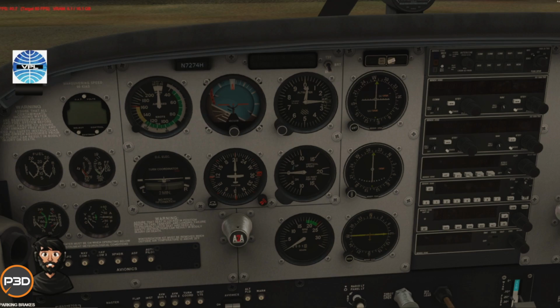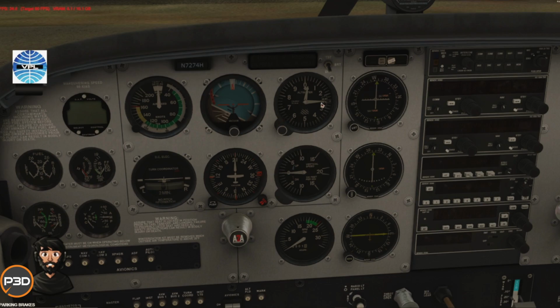Now, one thing to note is that every aircraft, no matter what you're flying, has 3 basic instruments that are all the same, maybe 4. Actually, probably about 6 that are all the same. No matter if you're flying a jumbo jet, a 787, or a 172 like we're flying here, it's these 6 in the middle that represent an instrument you'll find in some form or another in every single aircraft.